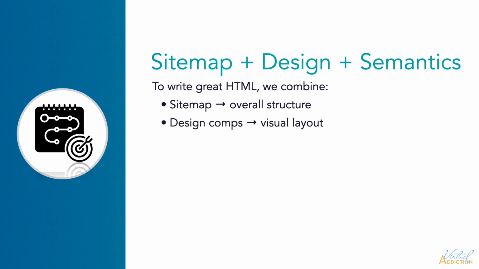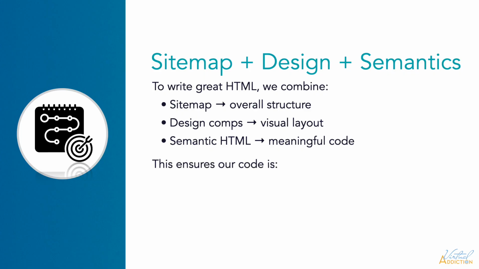Keep in mind that in order to write good HTML, we combine the site map, which gives us the overall structure, the design comps, which provide the visual layout, and the semantic HTML, which gives us meaningful code. This ensures that our code is organized, accessible, and easy to understand. The site map will tell you what pages exist, the design tells you what's on the page, and the semantic HTML is how you describe that in code.